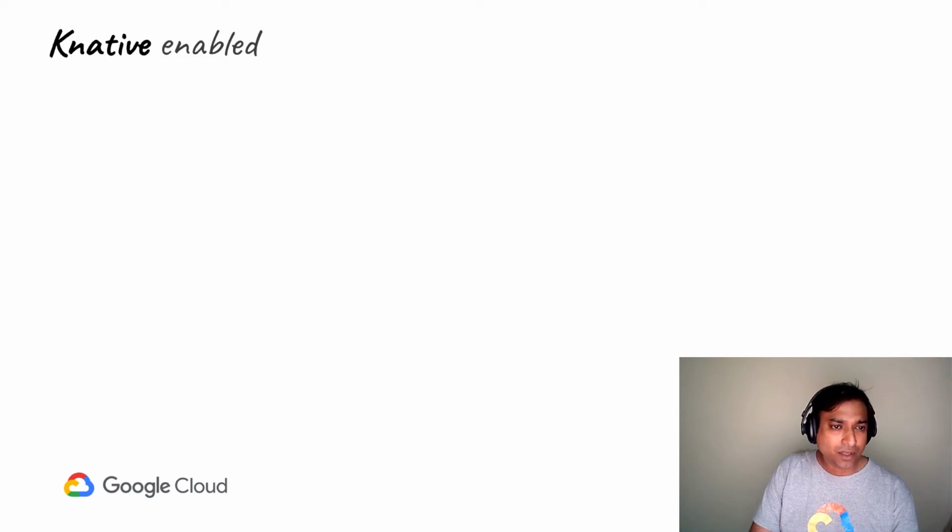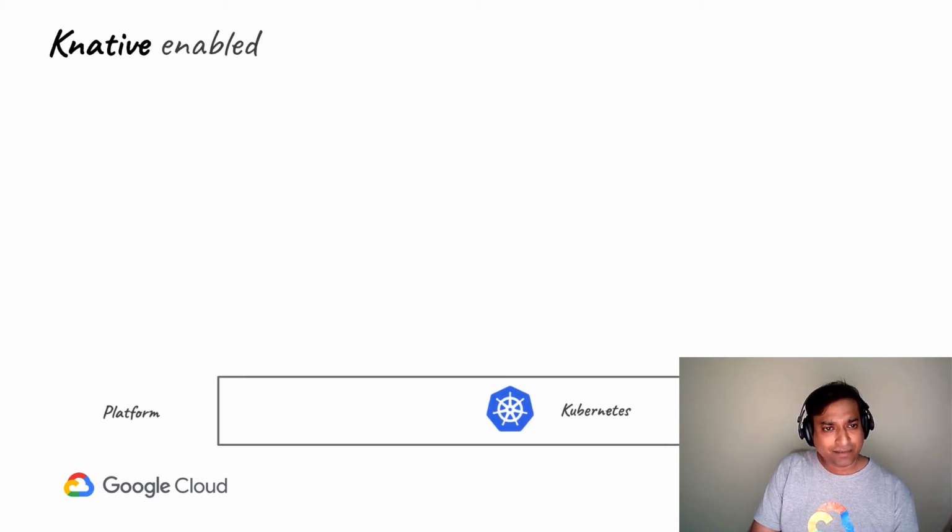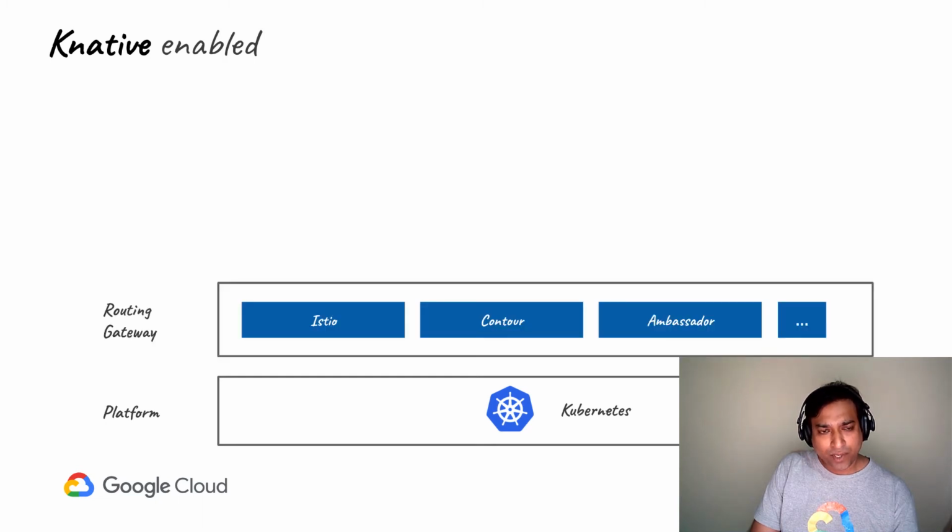Call it a reference implementation, a platform, or even a framework. So let's look into the architecture of Knative. Underneath, there is a platform, which is Kubernetes, of course. That abstracts out all the infrastructure layer beneath. On top of that goes a routing gateway. This routing gateway provides you an access route or path to the application that runs on that Kubernetes cluster.